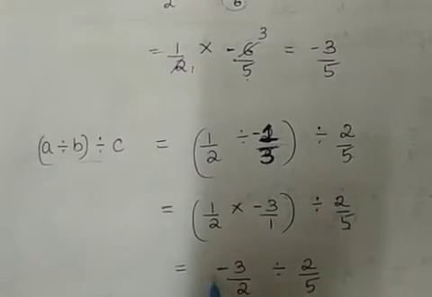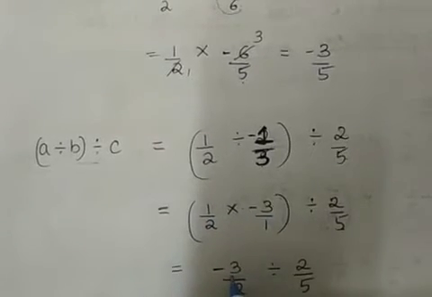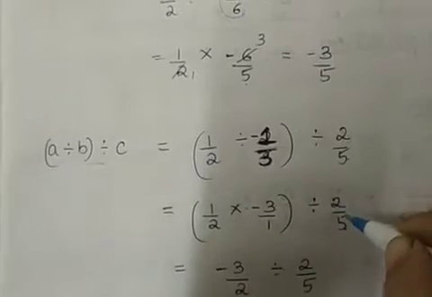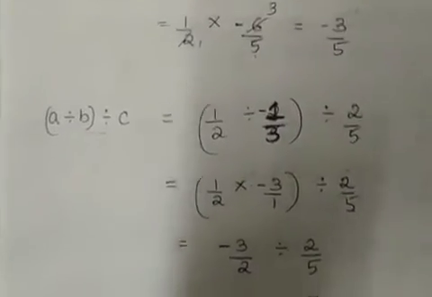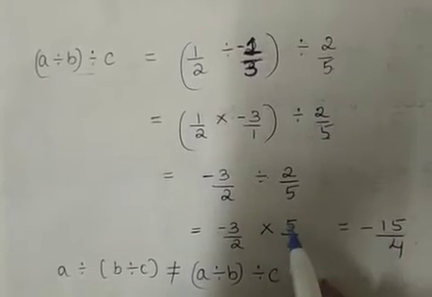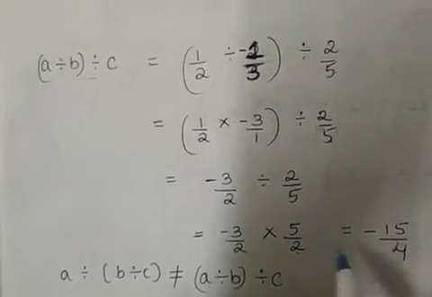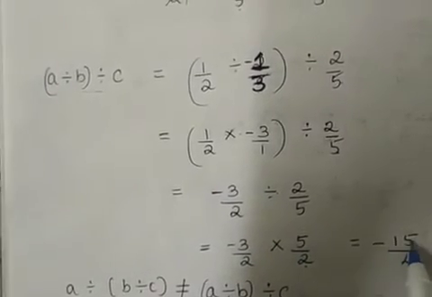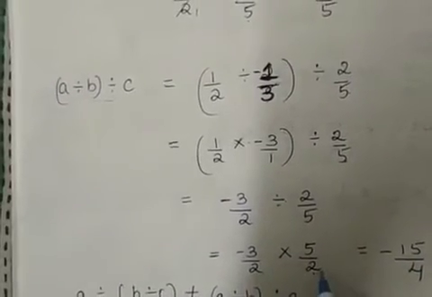So this is equal to 1 into minus 3 is minus 3. So minus 3 upon 2 divided by 2 upon 5. So this is equal to minus 3 upon 2 multiplied by 5 upon 2. And this is equal to minus 3 into 5 is minus 15 upon 2 multiplied by 2 is 4.